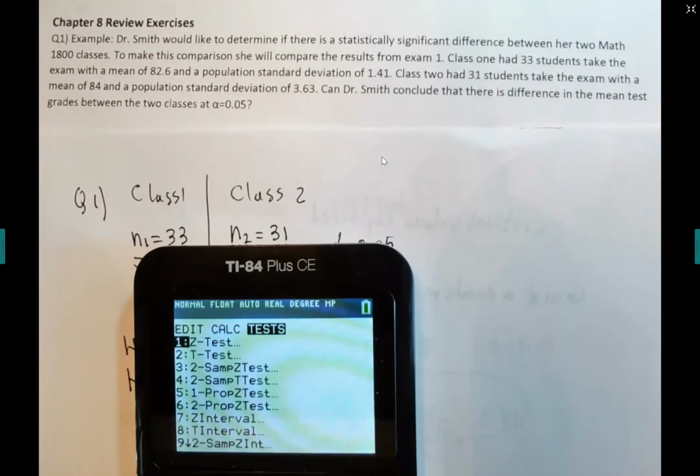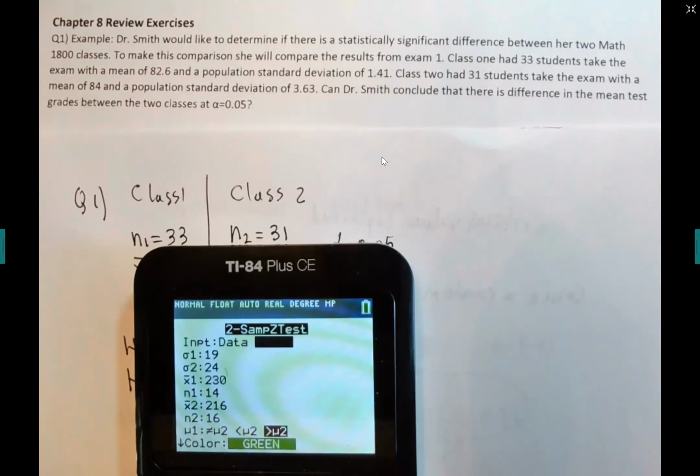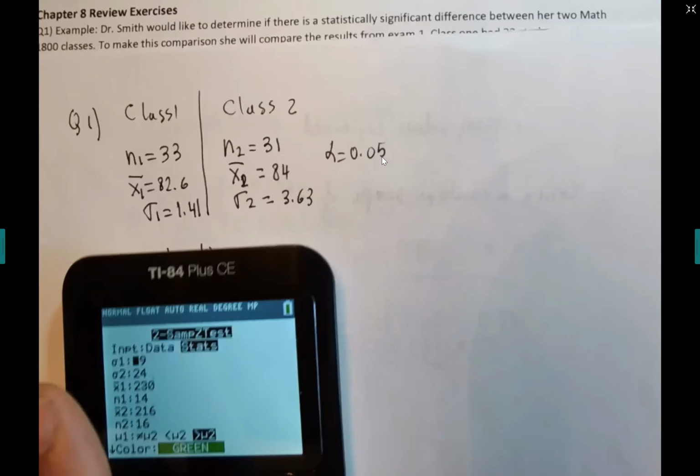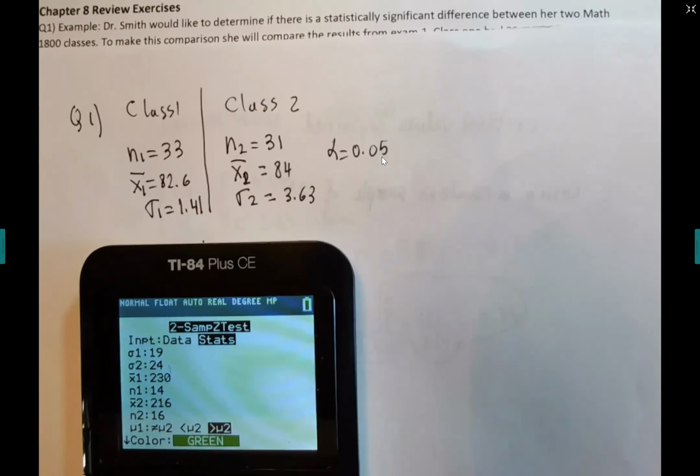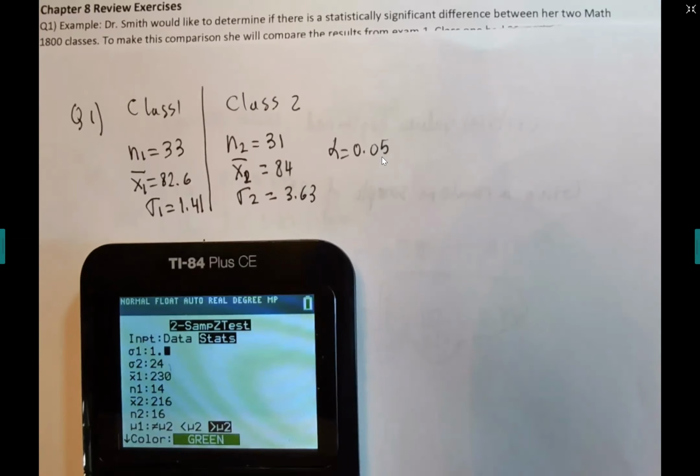Tests, 2 samples z-test. So today, guys, you learned about 2 tests. The first one is 2 sample z-test and the other one 2 sample t-test. That's it. Sigma 1 is 1.41.